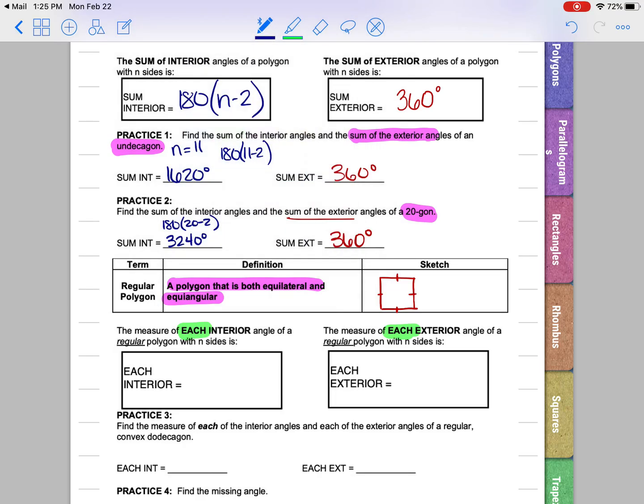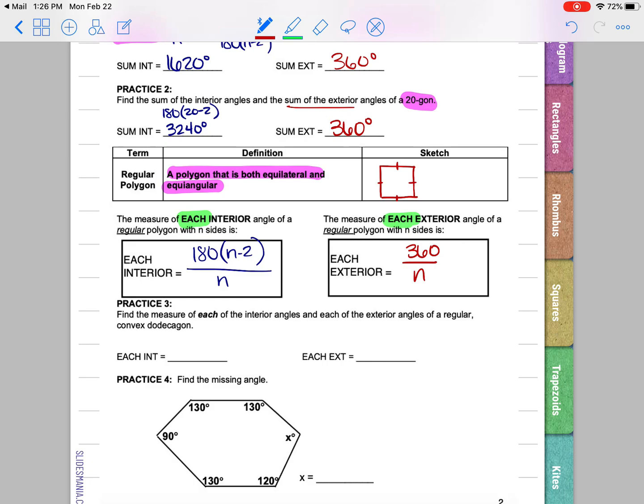We're going to take the formula we started with, 180 times n minus 2, and we're going to divide it by the number of sides. Okay? Each exterior, if we know they're always going to add up to 360, then we can take that 360, divide it by how many angles we have, and that'll give us the measure of each interior or each exterior angle.